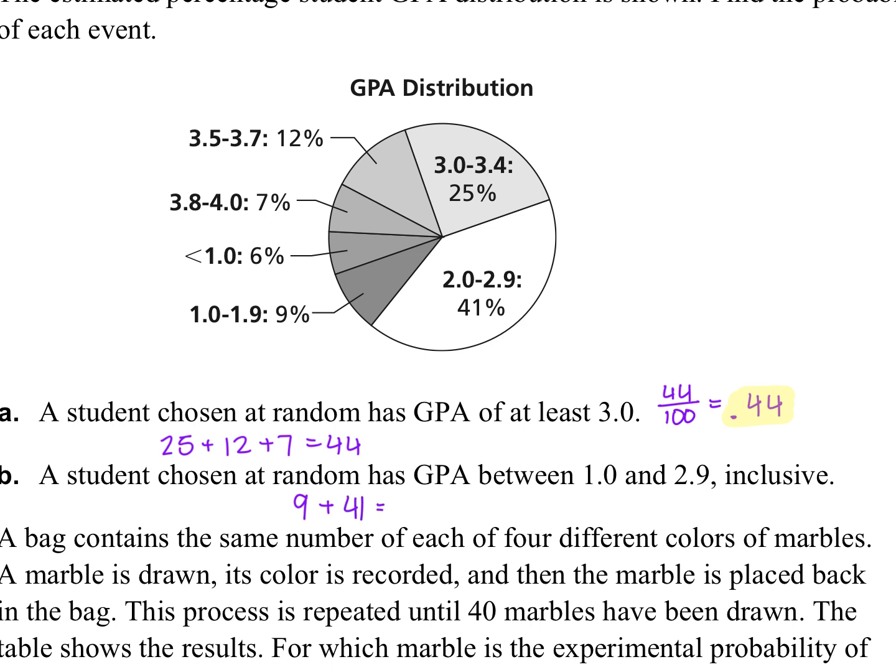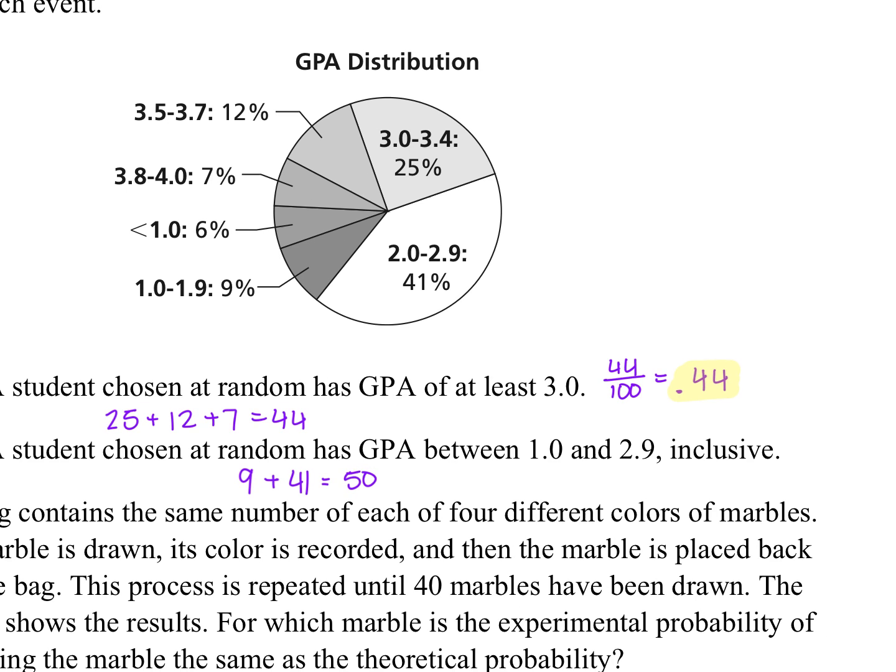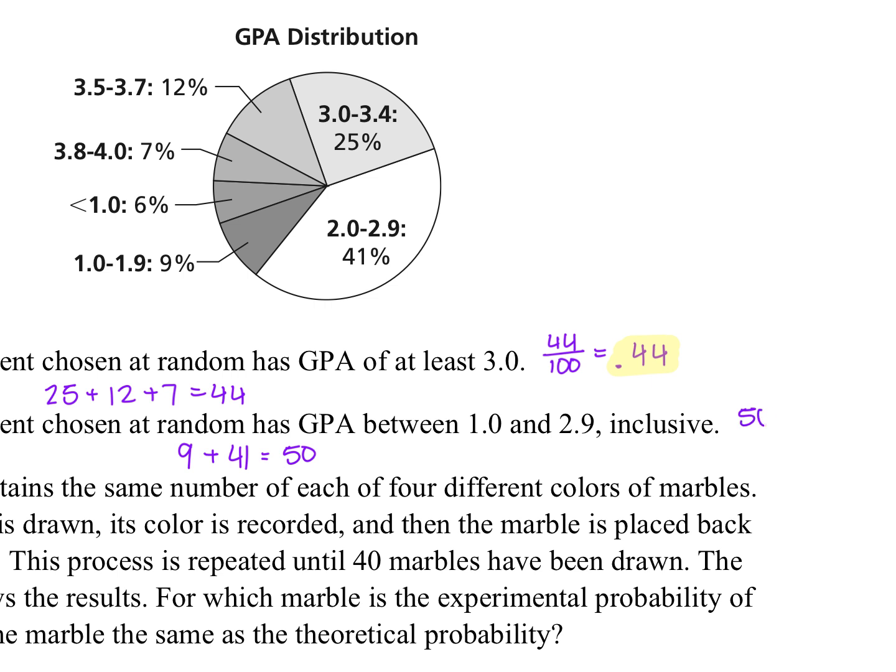Keep in mind, this GPA right here means it's less than 1. So students got less than 1, 6% of students got less than 1. So that should not be added in there. That's 50, so I'm going to have 50 over 100. Super easy. You could have 0.5 or 50%.